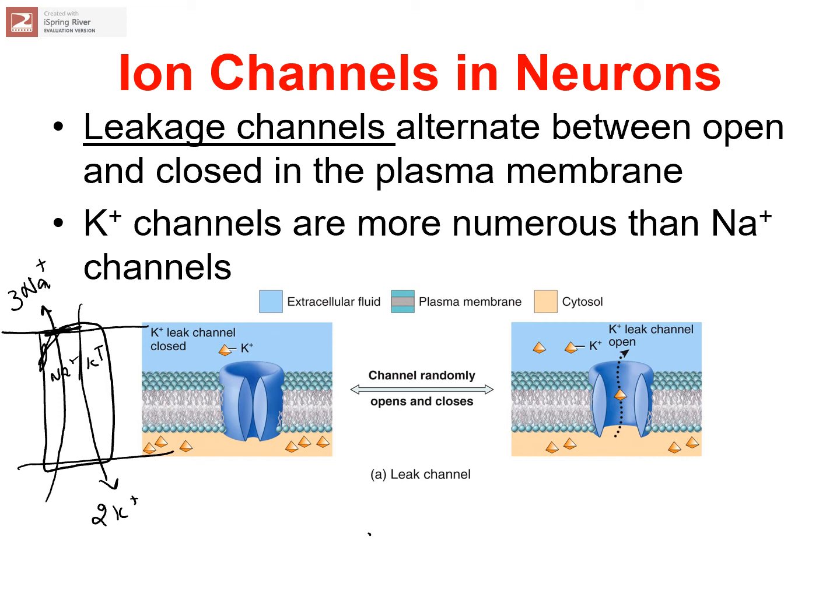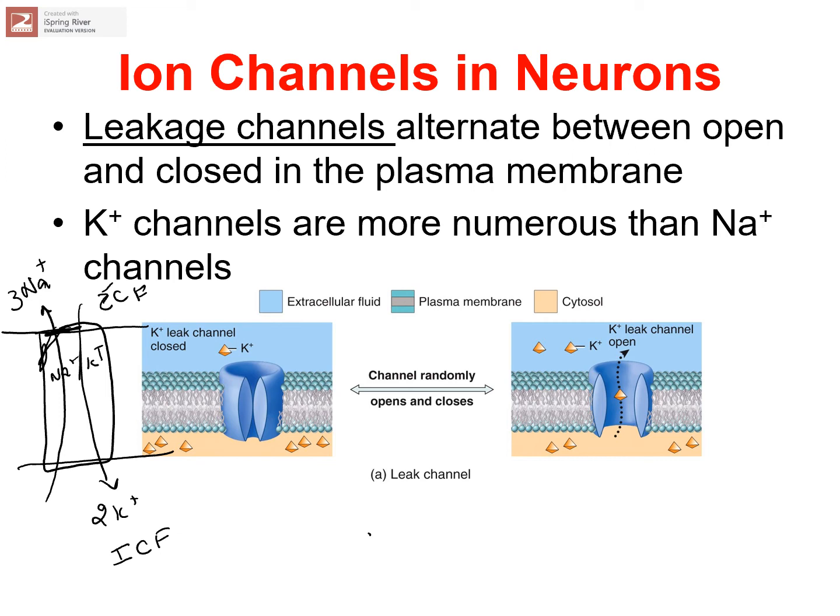Now this causes an imbalance in charges inside and outside of the cell because there's a lot more positive charges outside and not enough positive charges inside. Not only does this contribute to a concentration gradient and an electrical gradient, because the sodium potassium pump constantly pumps sodium out, the extracellular fluid ends up having a lot of sodium ions, and the intracellular fluid ends up having a lot of potassium ions.